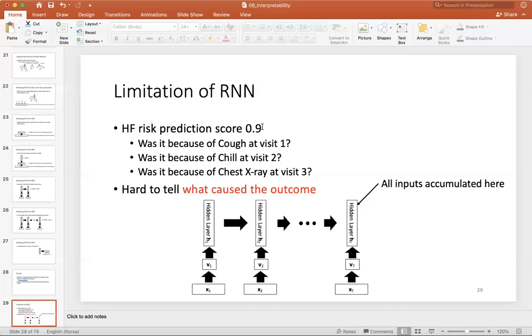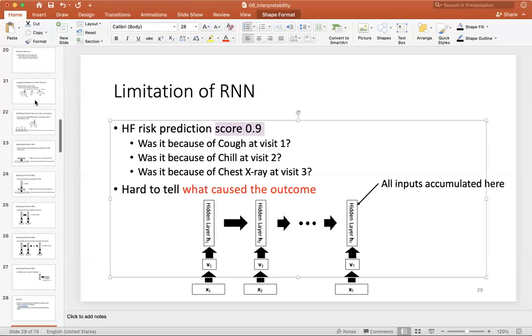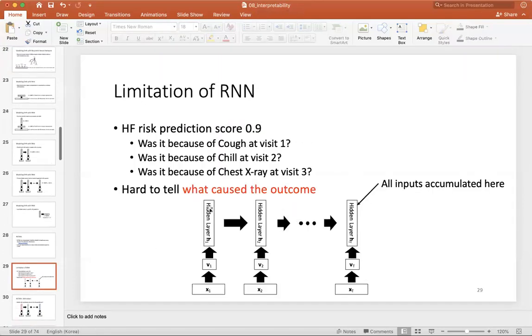And maybe people would be interested in asking: if a score as high as 0.9 was produced by the model, was it because of the cough at visit 1, or was it because of this, or this? You can't really know when you're using RNN, because all this information is mixed and summed up in the final hidden layer HT.